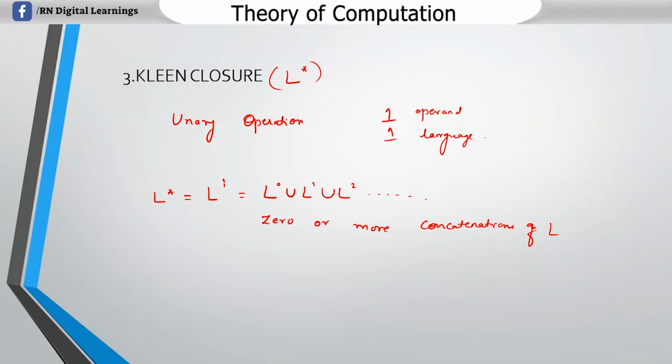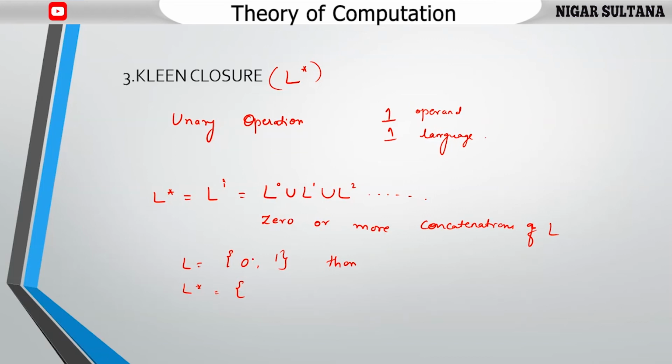This is your length 1 and length 2. Suppose L is a language containing 0 and 1. Then what can be the L star? L star can be, first, length 0. Length 0 means it is epsilon. Next, length 1.